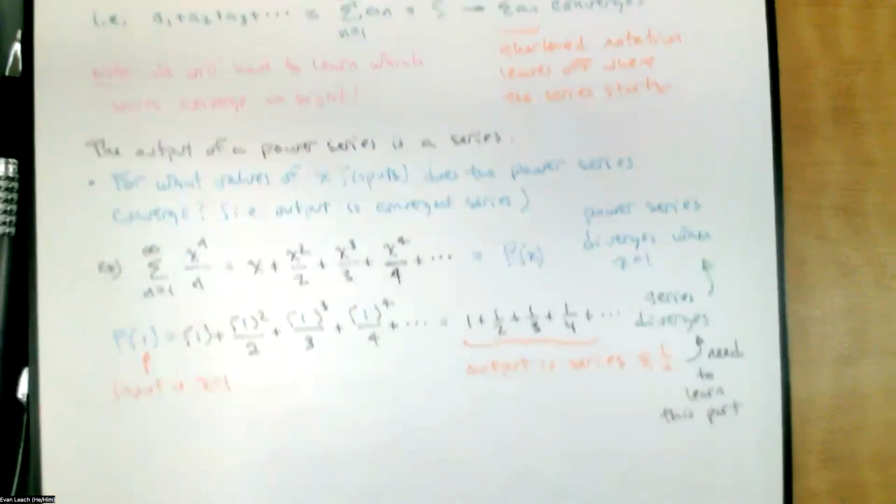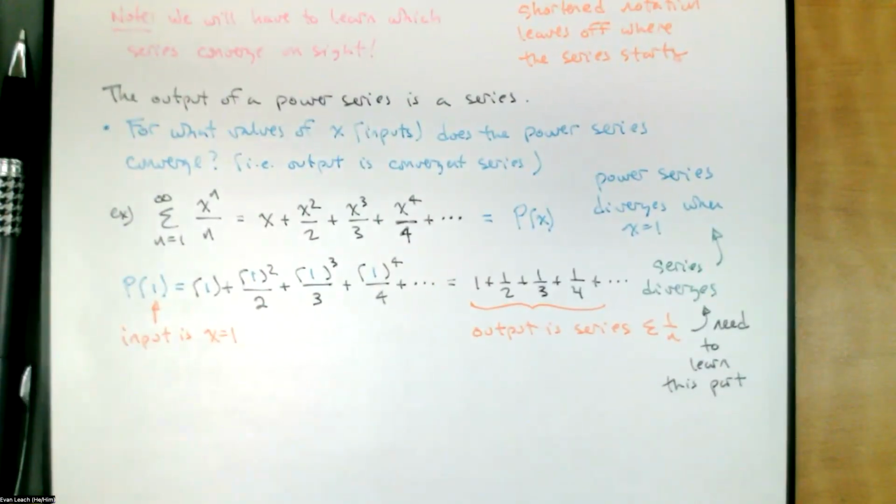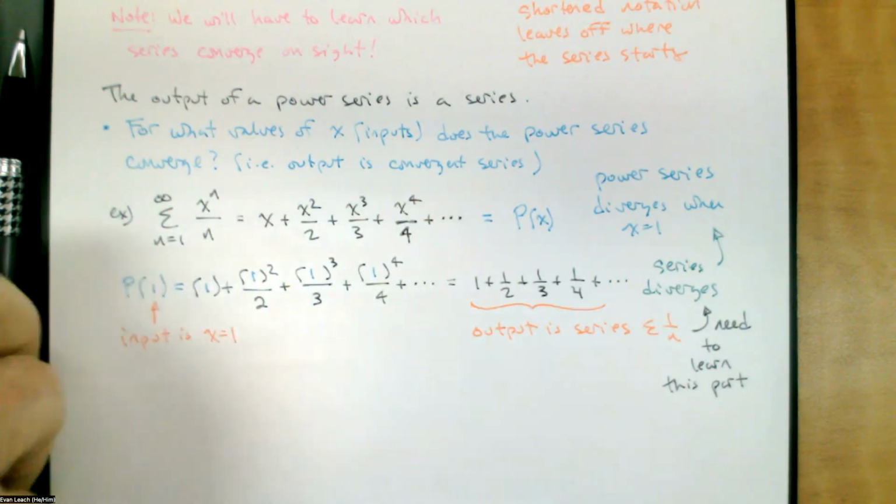We haven't learned the parts where you look at the series 1 over n and immediately decide that this series diverges. But it does. Right now, just take my word for it. If I plug in a different value for the x, I will get a different series.